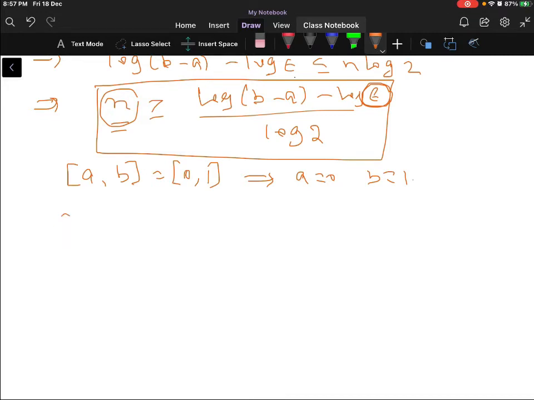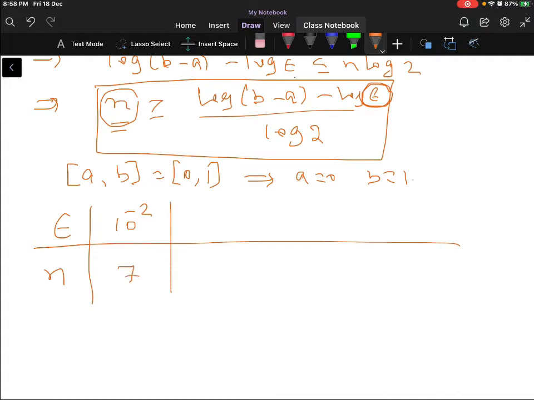So let us draw a table. Take epsilon as the error and n as the number of iterations. If we take the error 10 to the power of minus 2, it requires 7 iterations to have the desired degree of accuracy for the root. Suppose you take 10 to the power of minus 3 as the error, it requires 10 iterations.